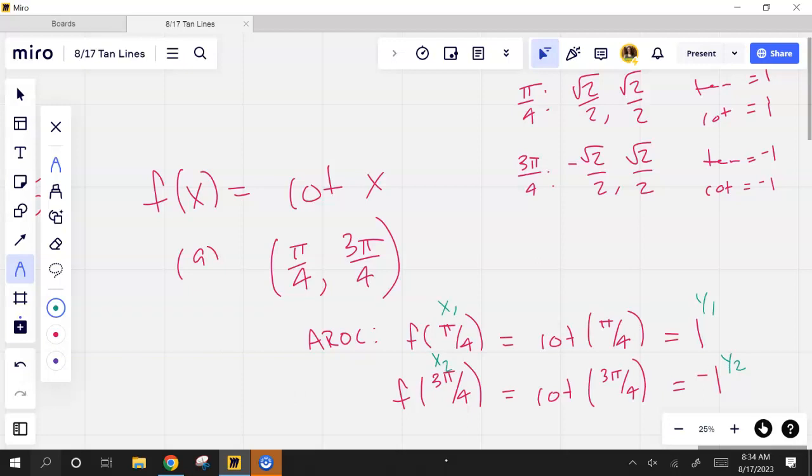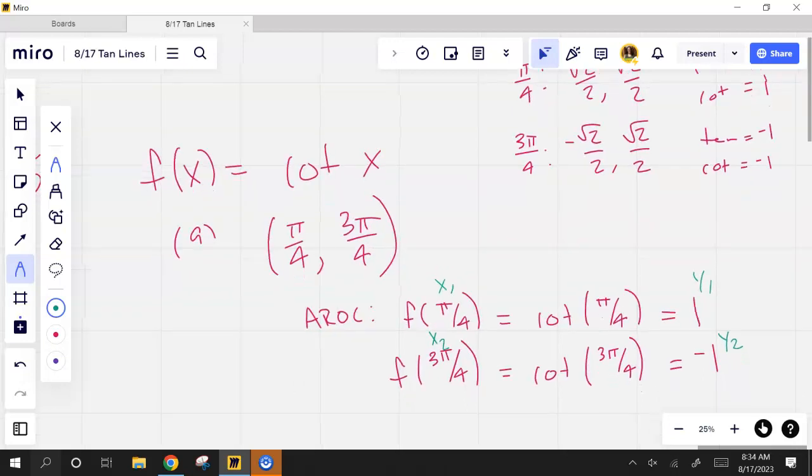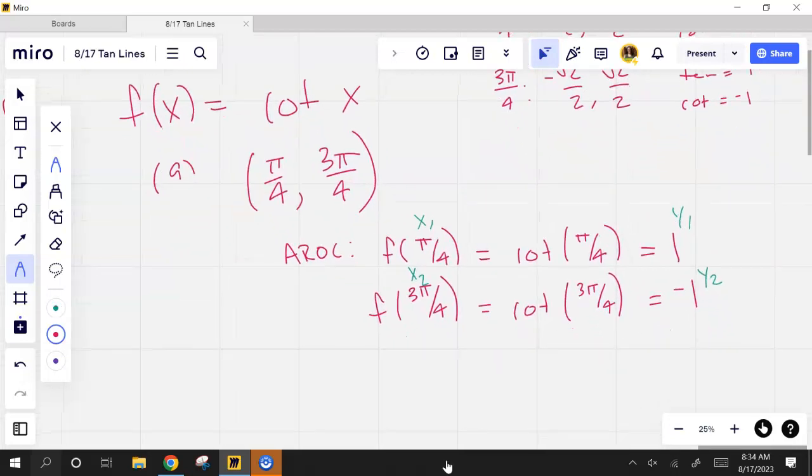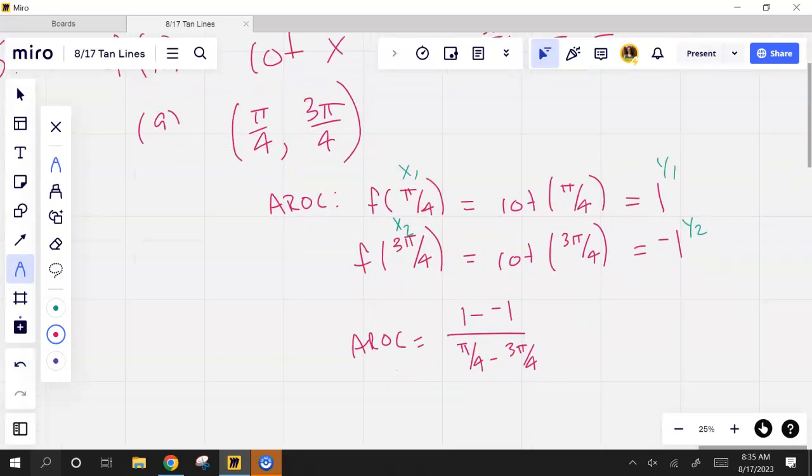So if I want average rate of change over this interval, well then, it would be 1 minus negative 1 over 3 pi over 4 minus pi over 4. That's just slope. Oh, I got it backwards, didn't I? Sorry. There you go.